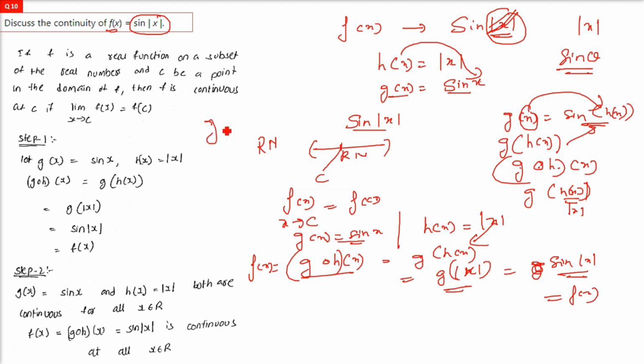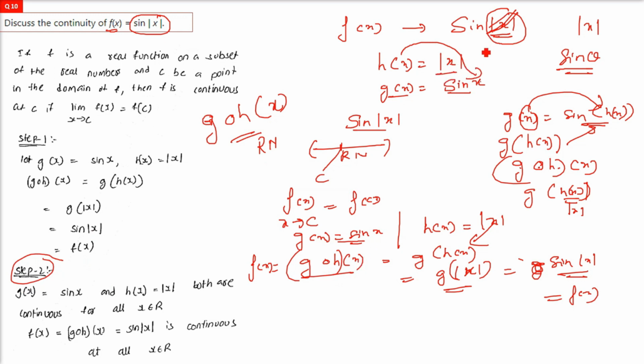Okay. So when two functions are there, they are individually continuous. The operation of these two functions, which is g∘f, f∘g, or what kind of operation, division, multiplication, all these will give you the continuity. So this is continuous. Sin mod x is continuous for all real numbers.